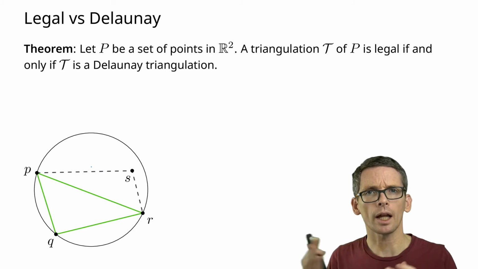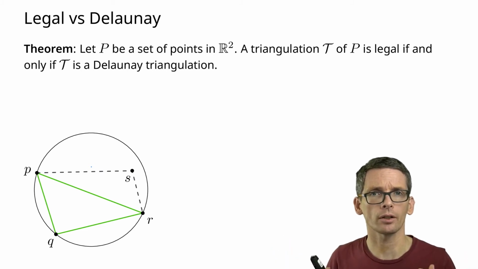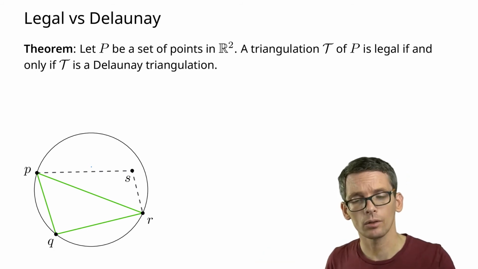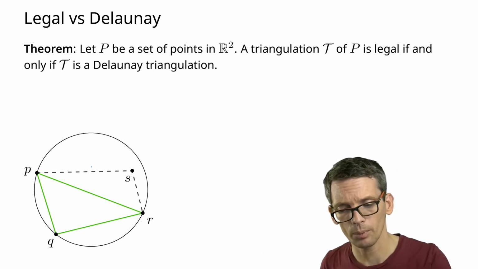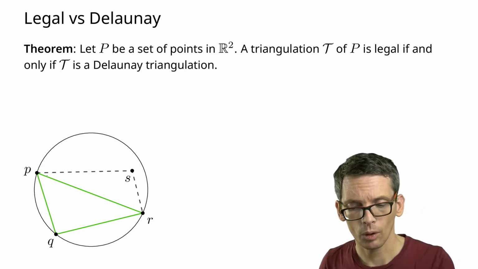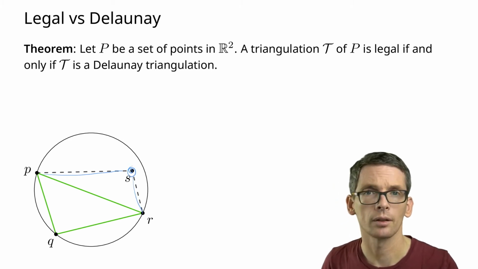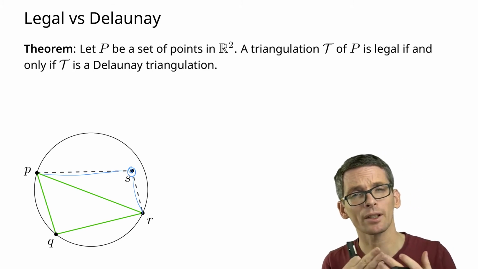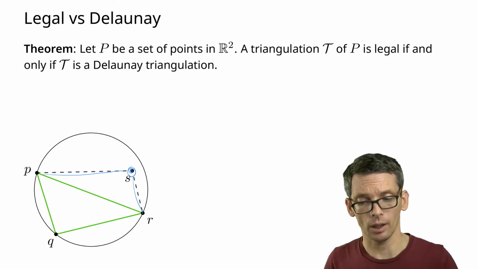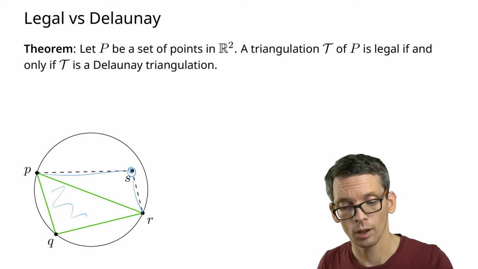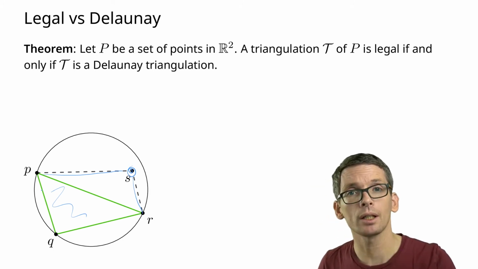So what is the relationship between legal triangulations and Delaunay triangulations? Let's look at this configuration here. The edge PR is not legal because I have this incident triangle and its vertex is inside the circle. For Delaunay triangulations, we had a similar but stronger criterion. There we said this cannot be a Delaunay triangle because the circumcircle should be completely empty.